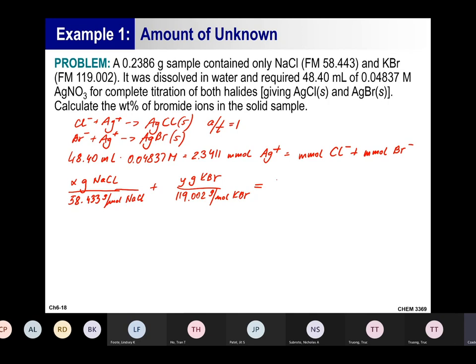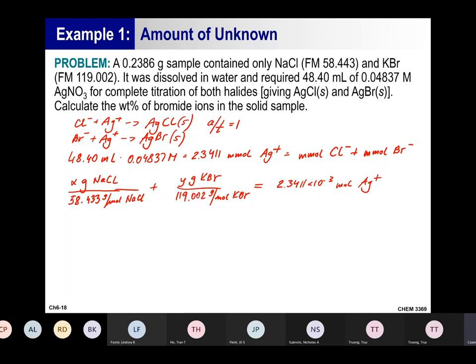And the moles of silver plus was 2.3411 times 10 to the negative third mole, and this is silver plus. Okay, this is what we calculated. So now I converted the millimoles to moles. Okay, and so it looks like we haven't accomplished much because we still have one equation and two unknowns, right?